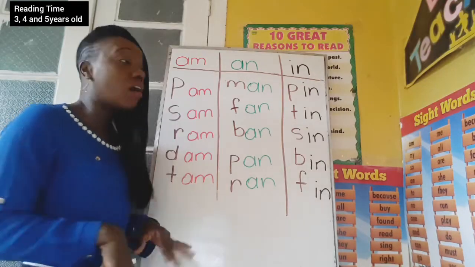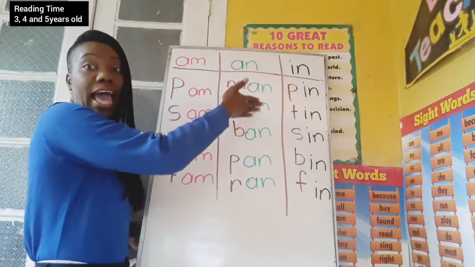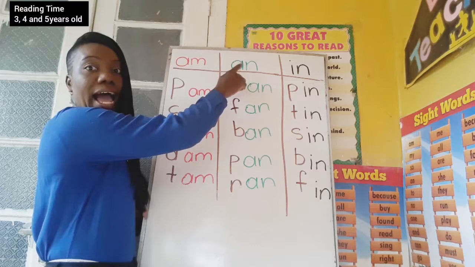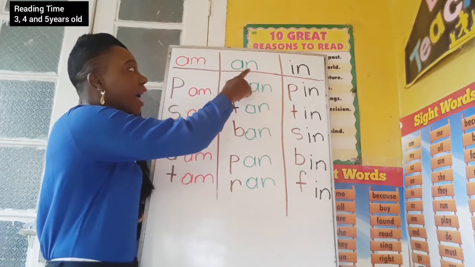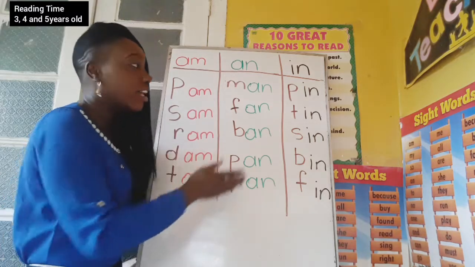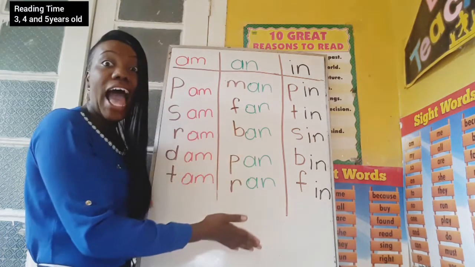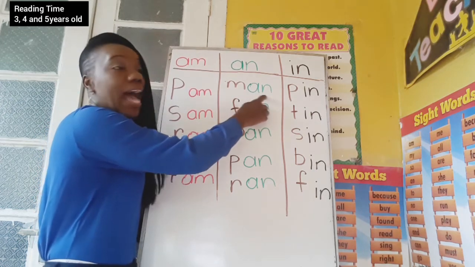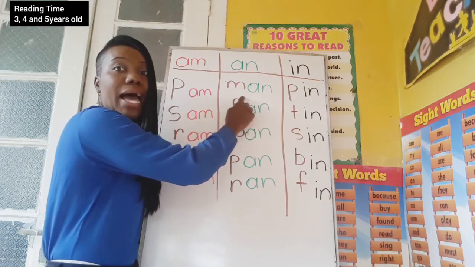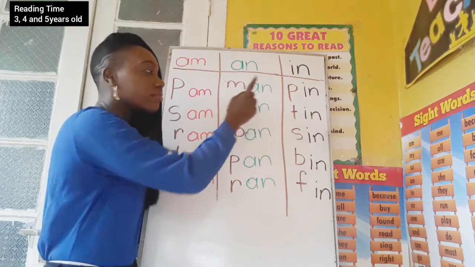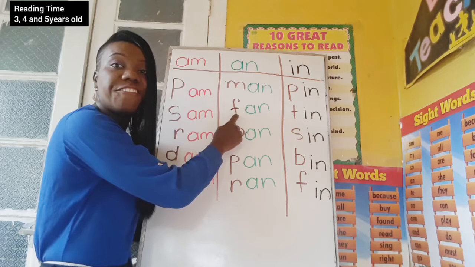Now let's move on to the an family this time. An. This is the word an. So let's see the families of an. An. And the word is man. An.